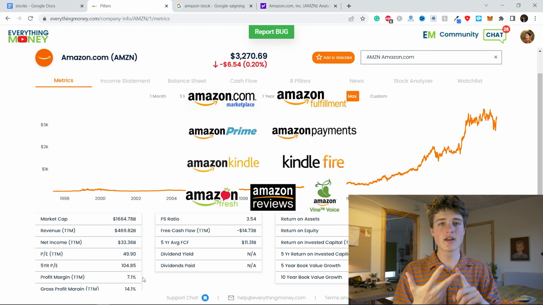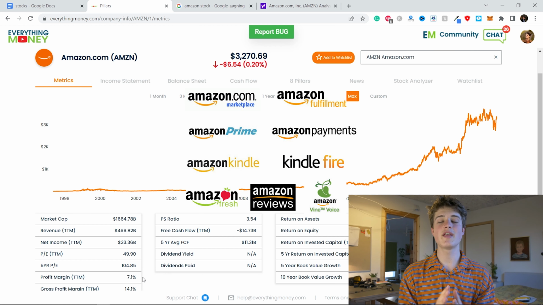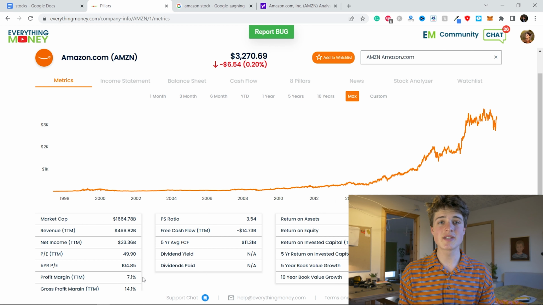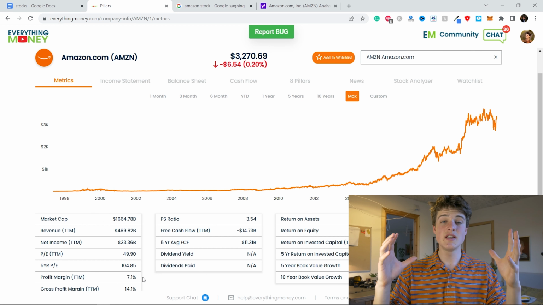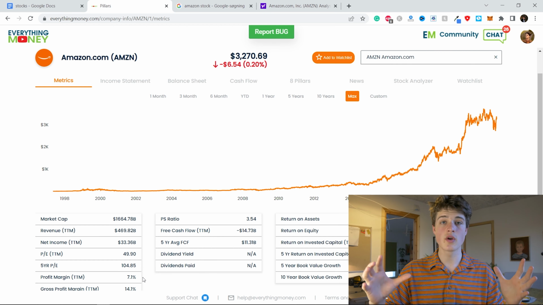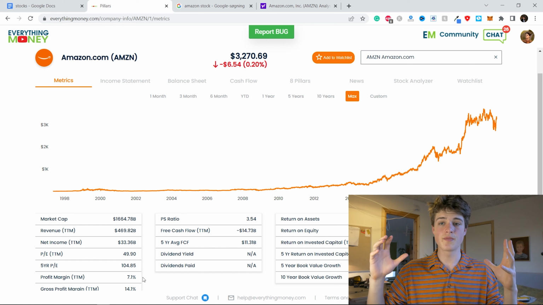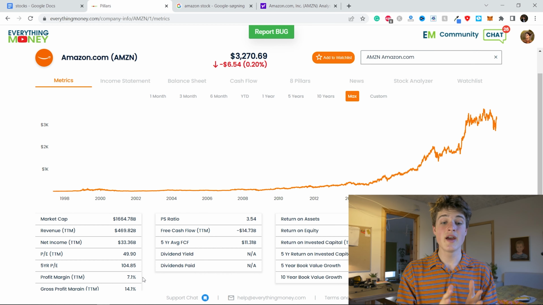They have Amazon Kindle. They have the affiliate program. They have so many sub businesses underneath, and really what they've seen the most growth in is this Amazon Web Services that has been growing incredibly fast. And because that is online, that is cloud-based, storage and stuff like that, that has a lot higher profit margin than what they're currently making their money on.